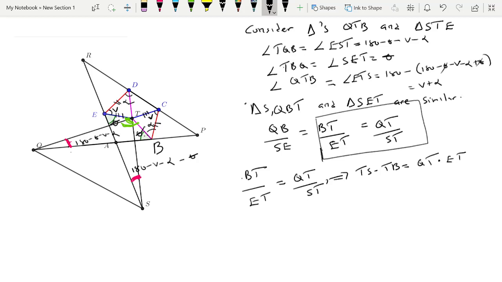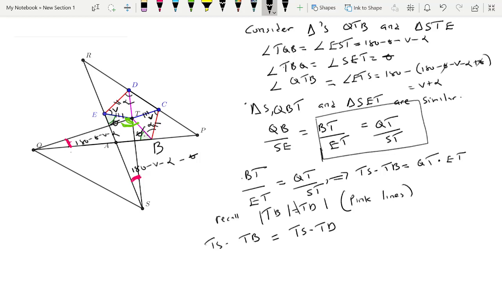Recall that TB is equal to TD, the pink lines the problem gave us. So this means that TS times TB is equal to TS times TD, since TB equals TD.